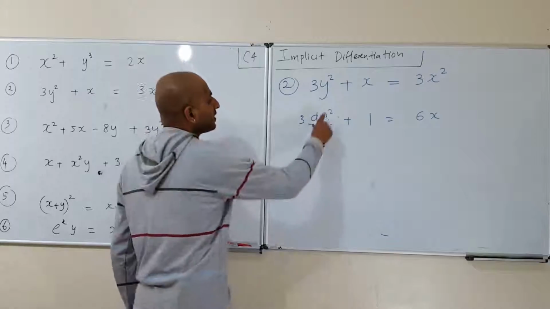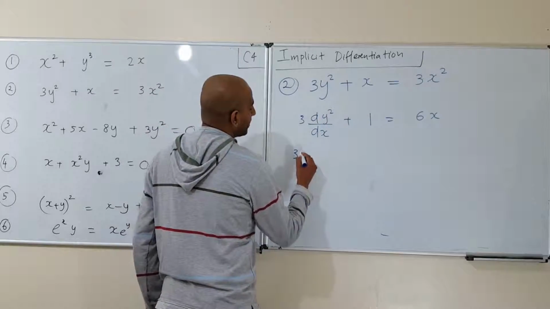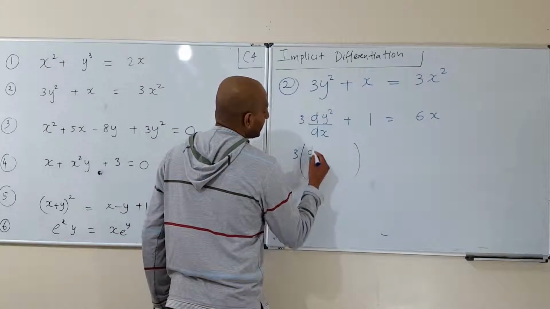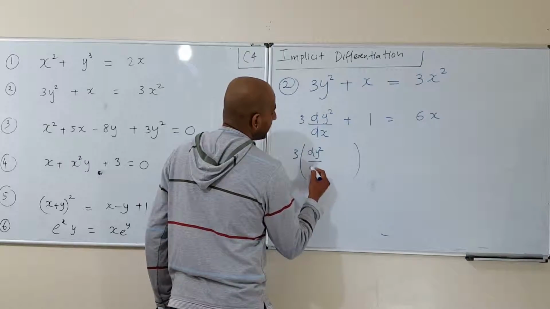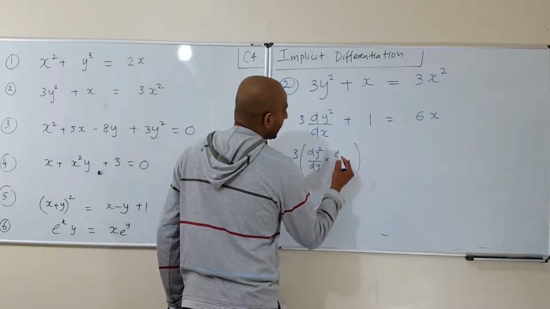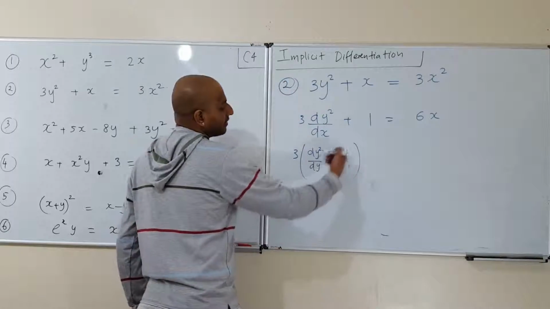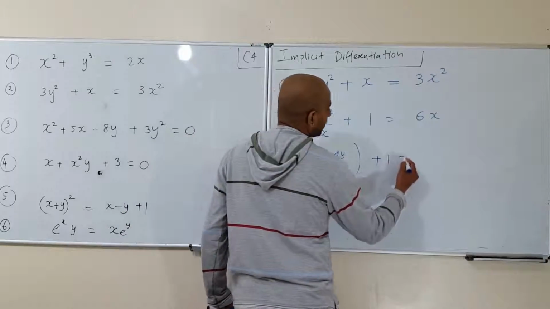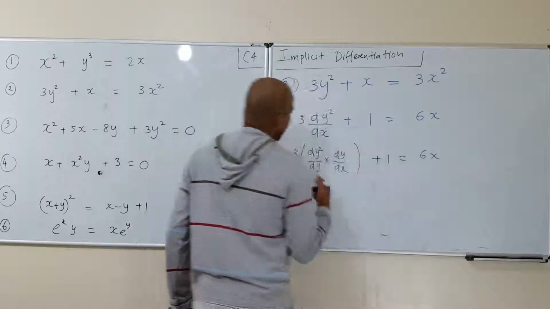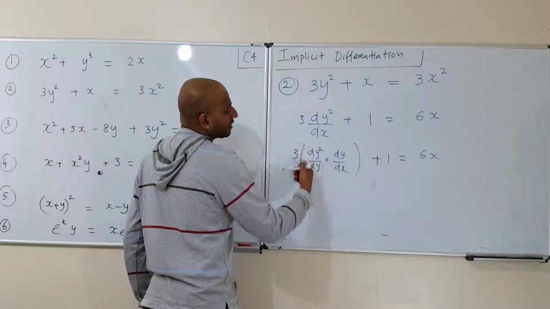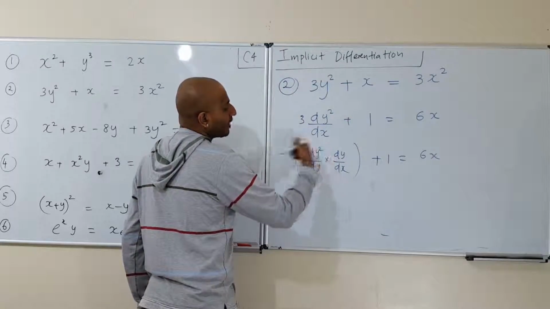Now again, this one can be rewritten like this: d y squared dy times dy dx. Again, like we did before, they're cancelling out. Now there's no confusion. The differential of y squared in terms of y would be 2y.